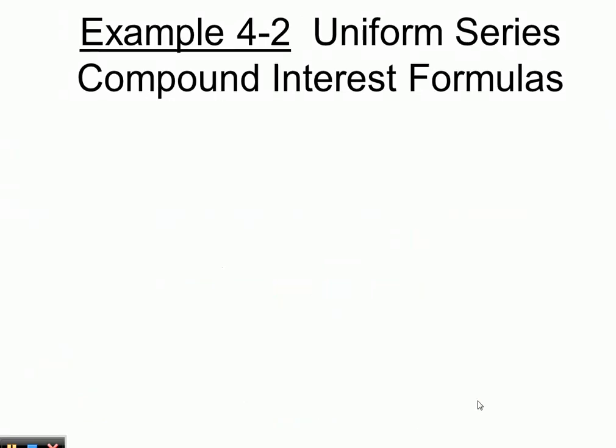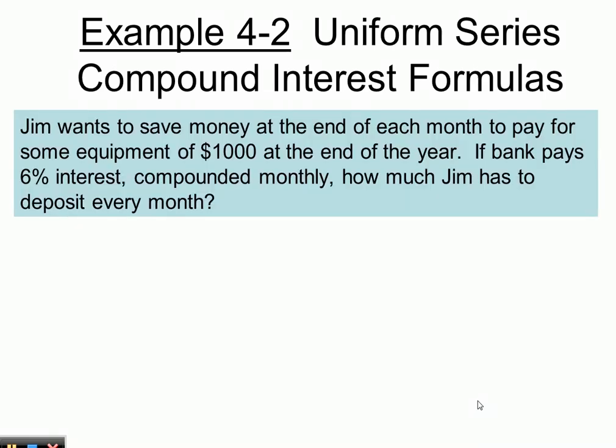All right, following is another example of uniform series compound interest formulas. Jim wants to save money at the end of each month to pay for some equipment of $1,000 at the end of the year. If the bank pays 6% interest compounded monthly, how much does Jim have to deposit every month?